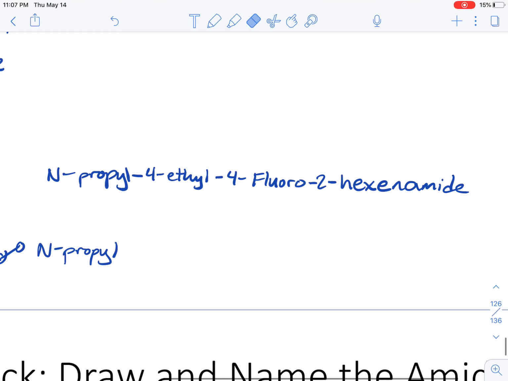And that is going to be the name of this organic compound. Now, if I were to give you the name and want you to draw the structure, you can go ahead and work backwards. First, identify the longest carbon chain, the parent chain. That's hex, that's 6 carbons. 1, 2, 3, 4, 5, 6. It looks like you have an amide, so on one of the ends I'm going to put a nitrogen.